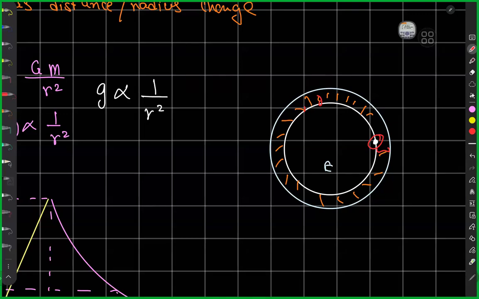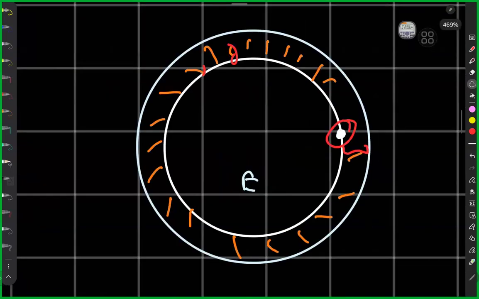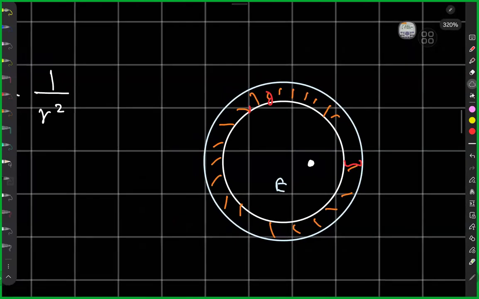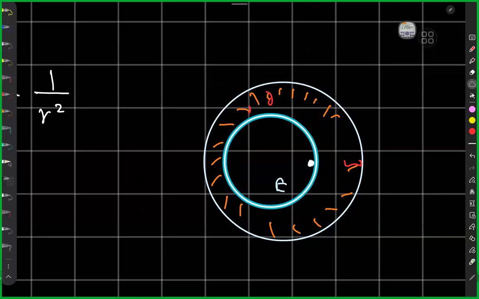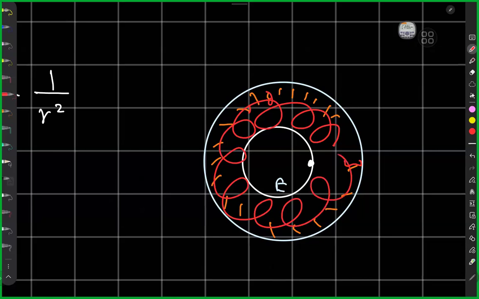Okay, so essentially, if I get this object to move and it goes way in, then what happens? Now the entire mass in this ring, in this shell, stops having an effect on the white object because the forces are being cancelled out. Hence, my friend, as you go inside Earth, the force decreases.